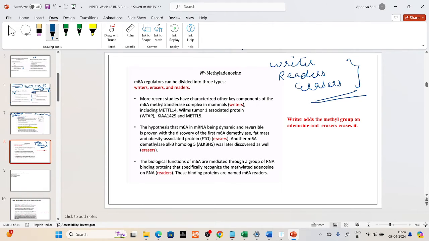This modification, N6-methyladenosine, is regulated by three kinds of protein complexes: writers, readers, and erasers. Writer means the one who writes. Reader means the one who reads. Eraser, that erases.